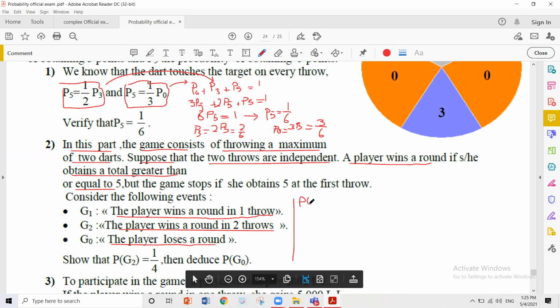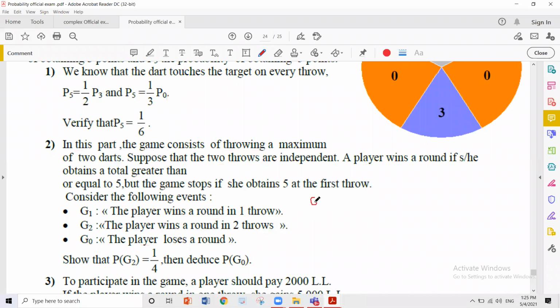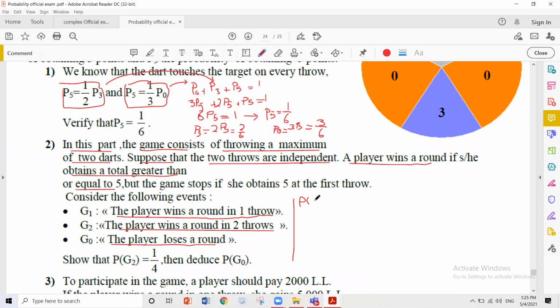يعني 2 دارتس عم بيجي على 3. يعني he wins the game. G2, he wins the game in the second throw. Yes. And he wins in the second throw.